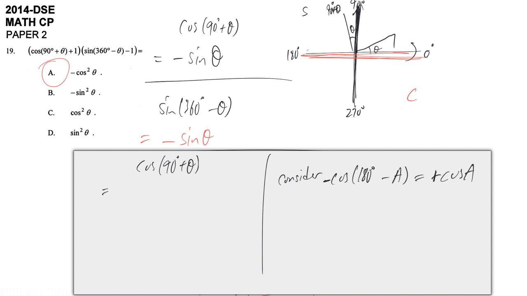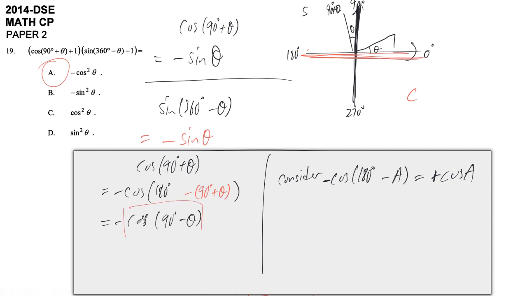So now cosine A is referred to this item, and then we try to transform it into this format. If I do so, it will become negative cosine of (180 degrees minus (90 degrees plus theta)), and then negative cosine of (90 degrees minus theta).